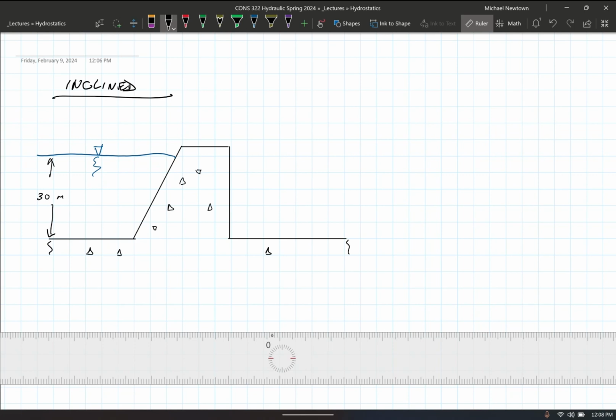Yeah, remember, concrete, and then if you see this one, earth, it's about all the ones I use. So, all right, we've got 30 meters down. Oh, I did this in metric. Shame on me.